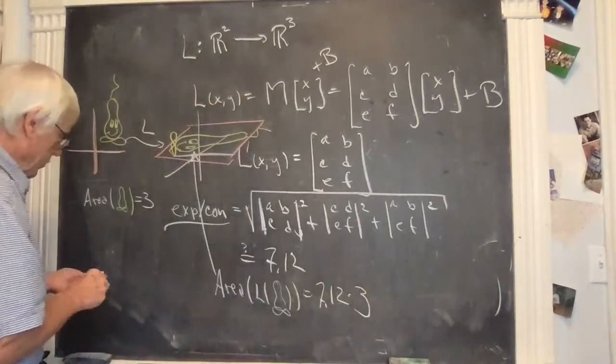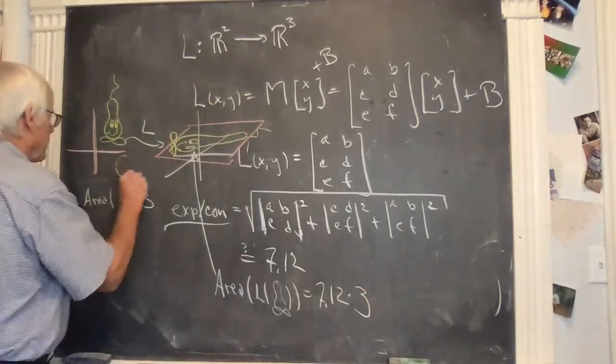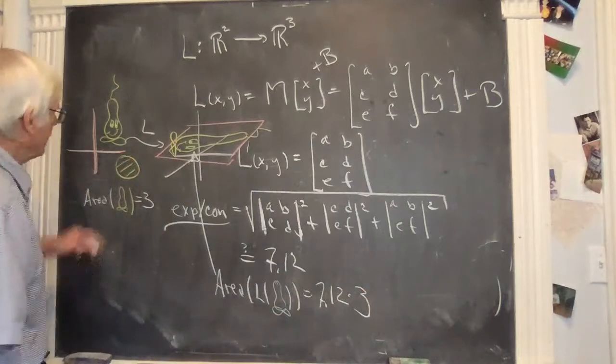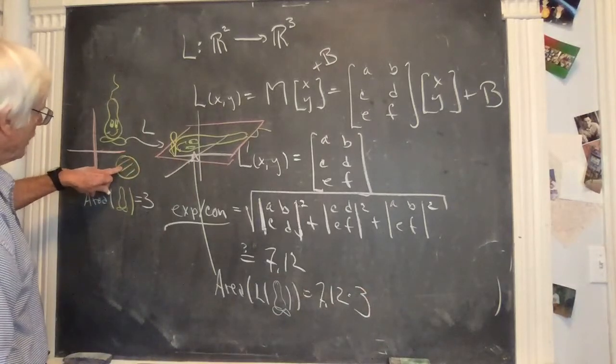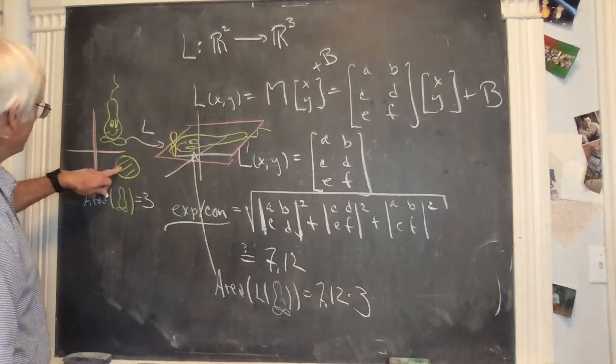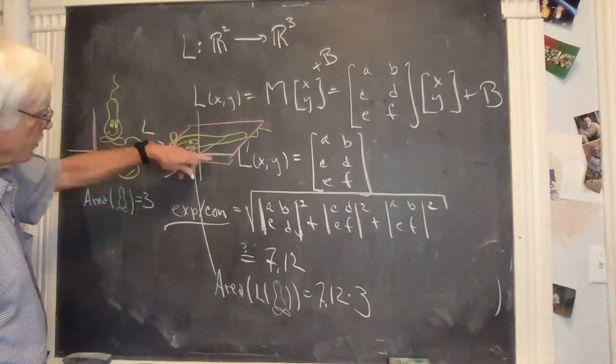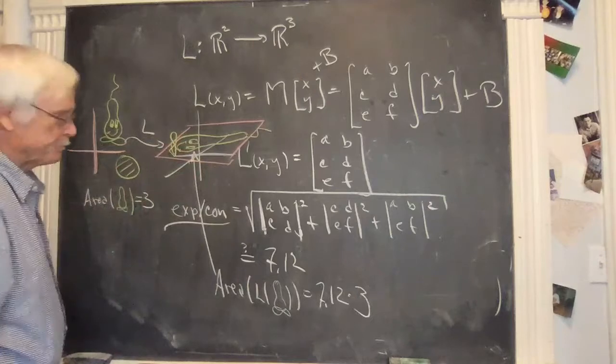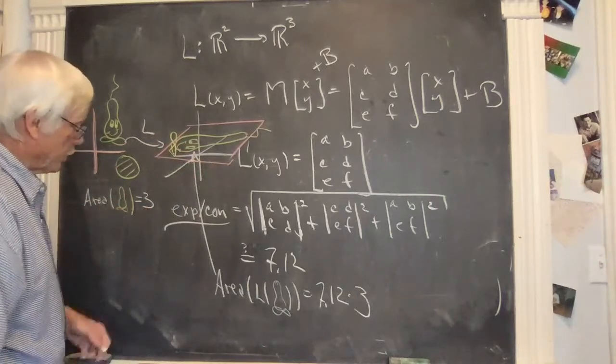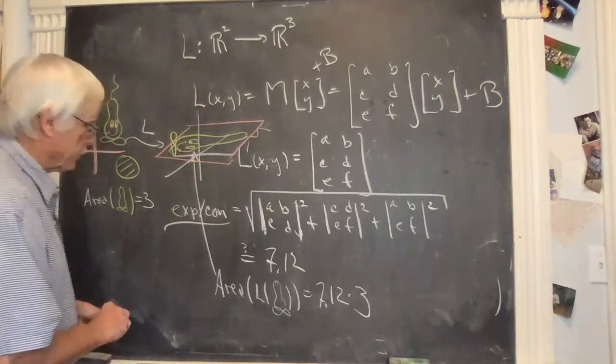So no matter what area you take here, this one has some area here like 4. It doesn't look like 4, like 2. And the area of the image will be 3 times 2. So this is really the expansion contraction factor.